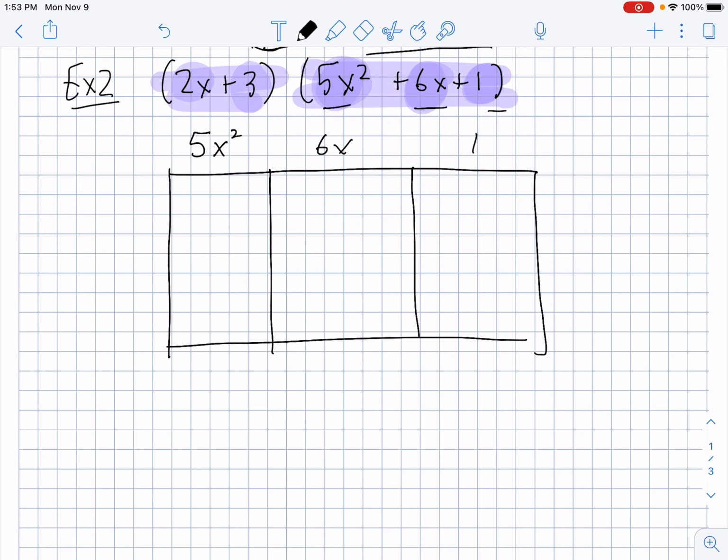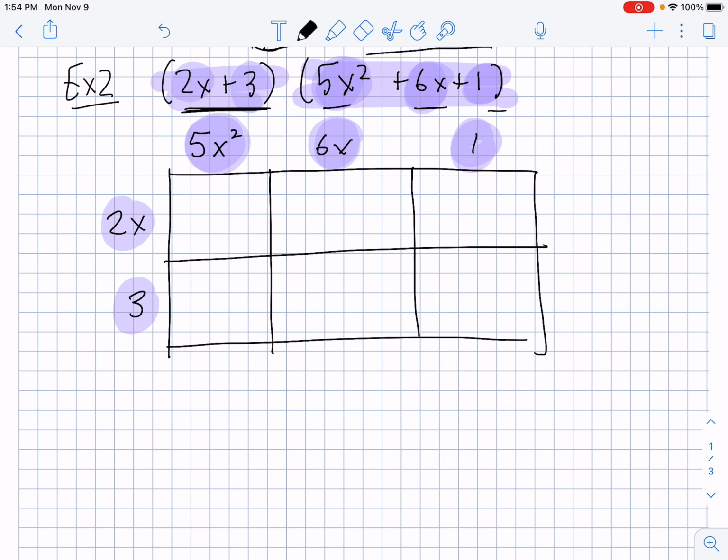Then I'm going to multiply the 2x plus 3, so I have to create a space for both the 2x and the 3. Now I've set up a place where my 2x is going to multiply by my 5x squared, my 6x, my 1, and a place for my 3 to multiply by my 5x squared, my 6x, and my 1.